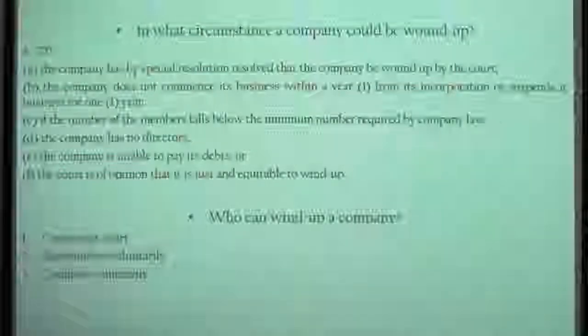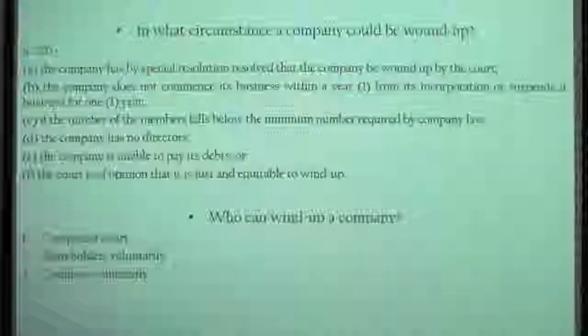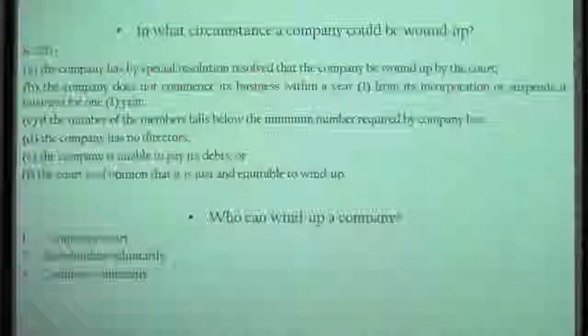So, the last situation is where in the opinion of the court, it is just and equitable to wind up the company. So, now according to section 270, there are 6 circumstances where a company could be wound up.